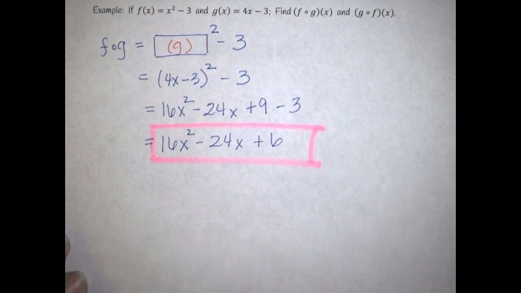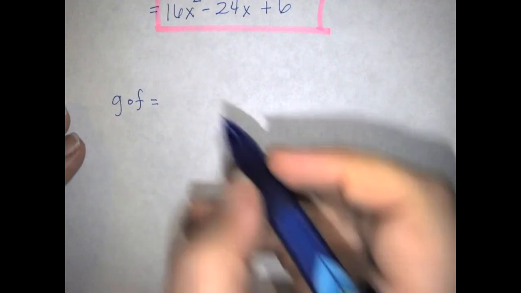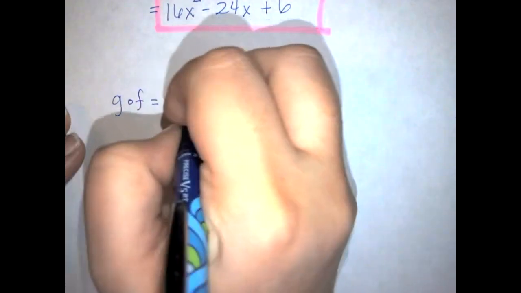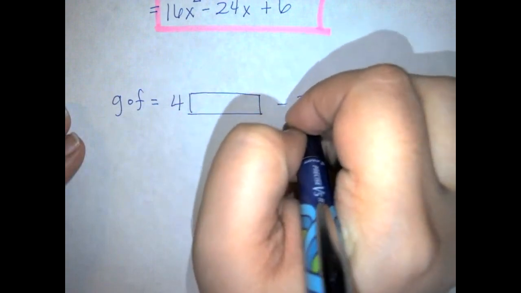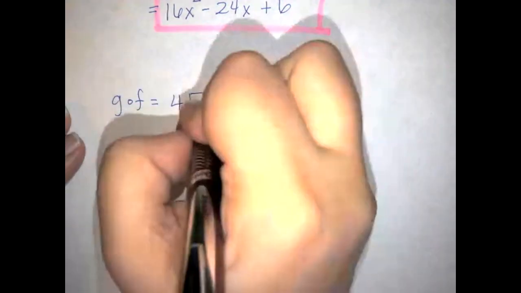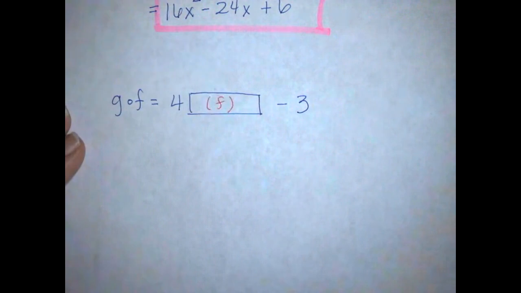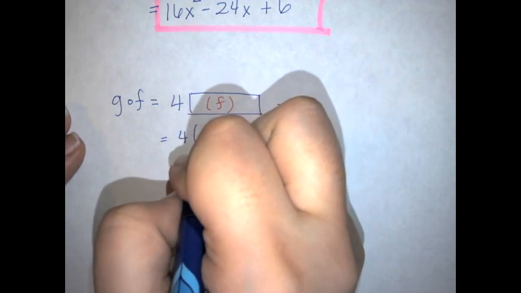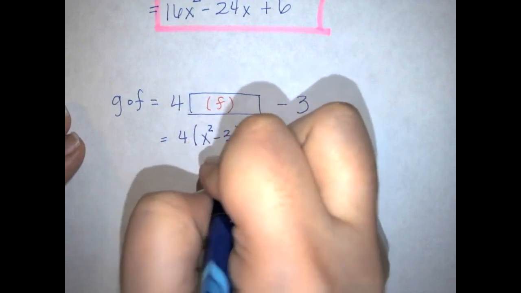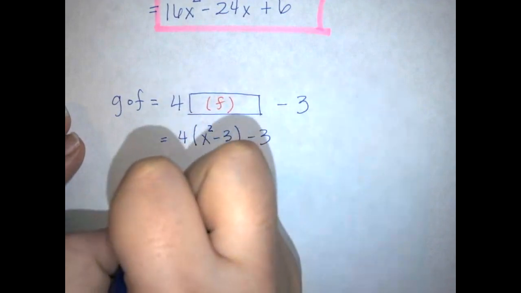Now we need to look at doing g of f. So in this case, g is the outermost term. So I have 4 something minus 3. And in this case, what goes in here is my f function. So this is going to be 4 times x squared minus 3, and then minus 3.